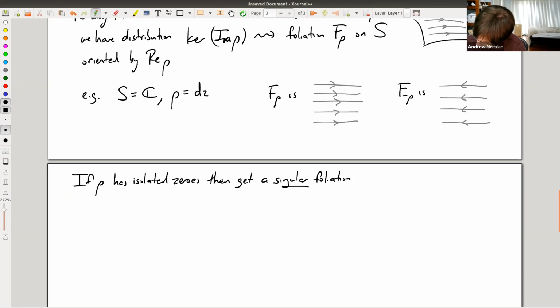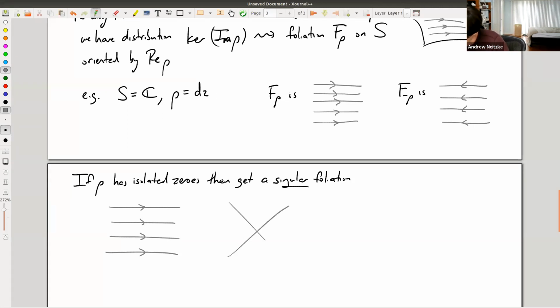Around a generic point that's not a zero, it looks just like what I drew before. Around a first order zero, you get a picture like this. These should be hyperbolas; I'm not drawing it very well. And at a second order zero, you get a picture like this with 6 wedges.